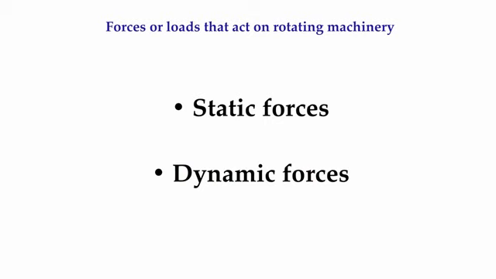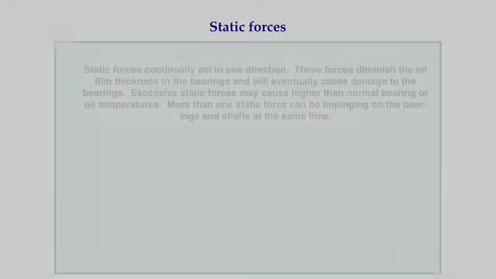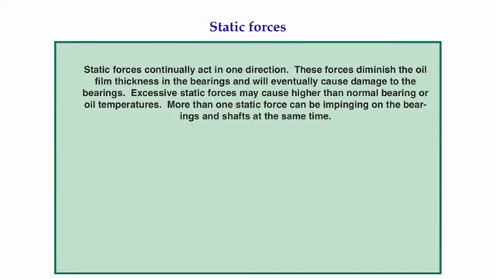There are 2 basic types of forces that act on our rotating machinery: static forces and dynamic forces. Static forces are forces that act in one direction only. Dynamic forces are forces that change their direction or decrease and increase in intensity on either a periodic or a random basis. By definition, static forces always act in one direction.